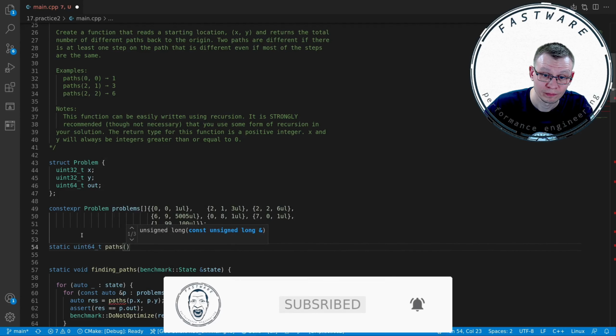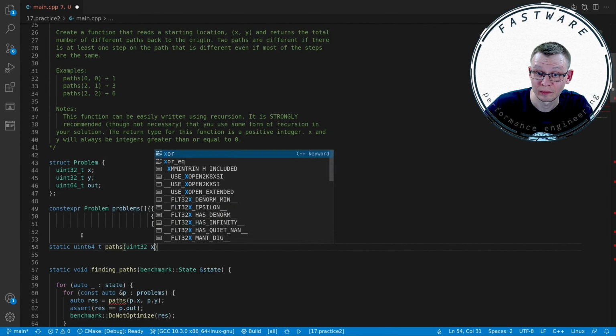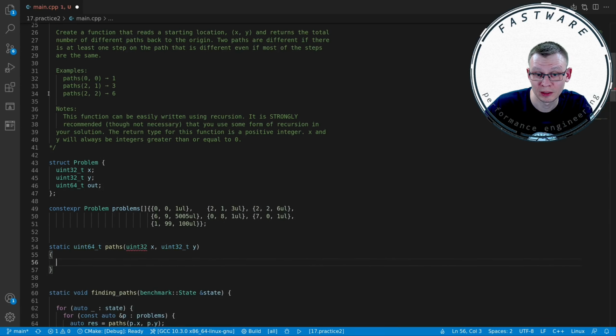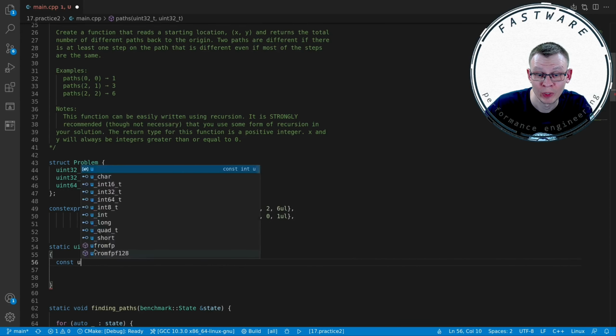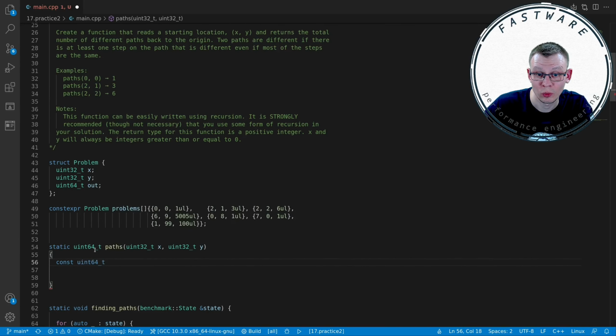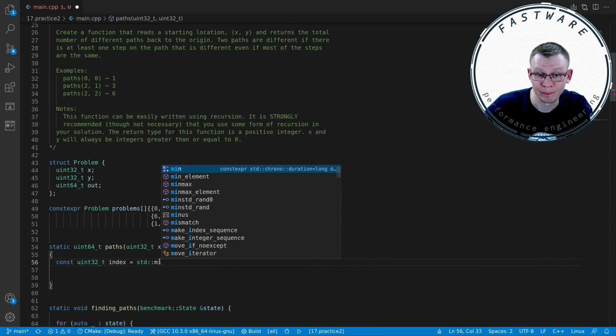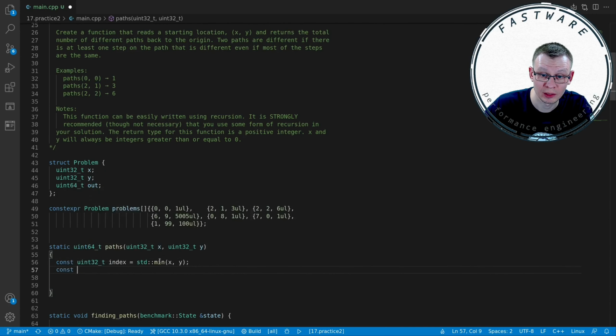Next day, I think I can do better. So my understanding of that Pascal triangle is that it's mirrored around center. I say, okay, so what I can do is I take a minimum, so this column or the index into that row, minimum between X and Y. So therefore I only need to compute half of the row, not all of it.